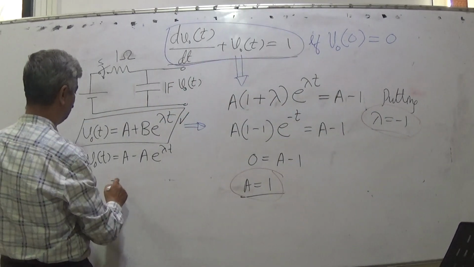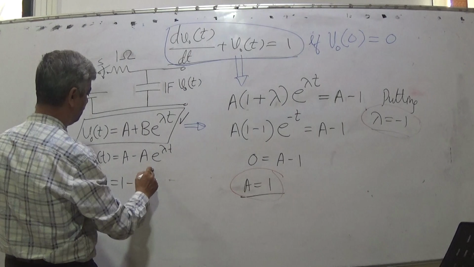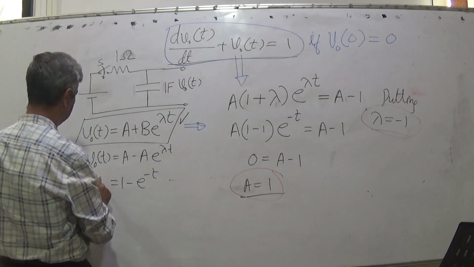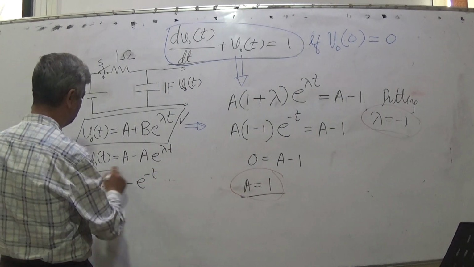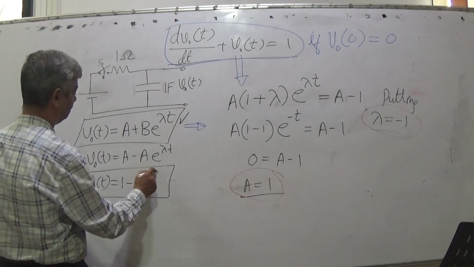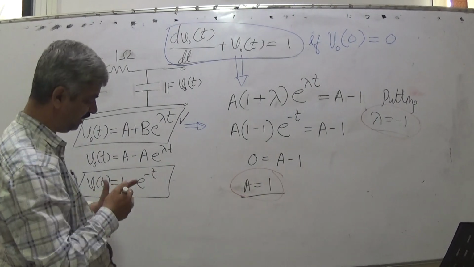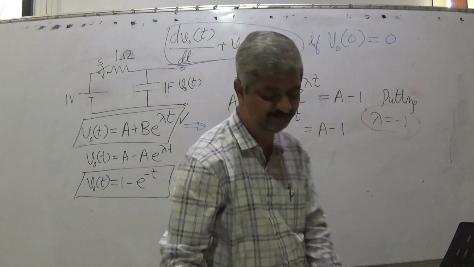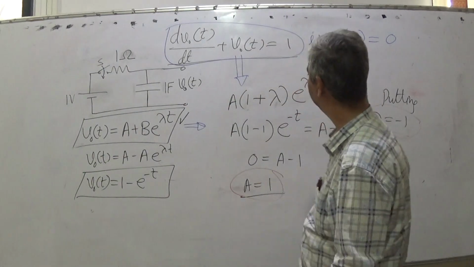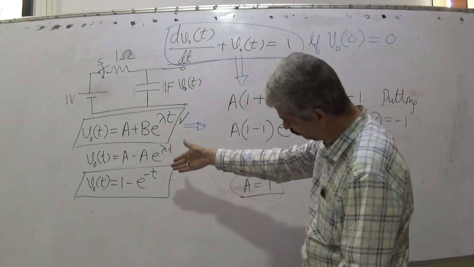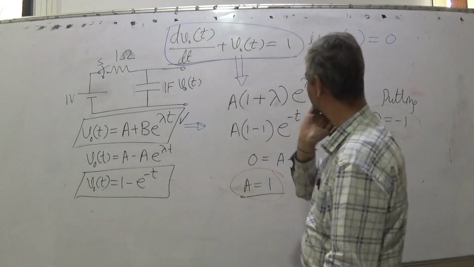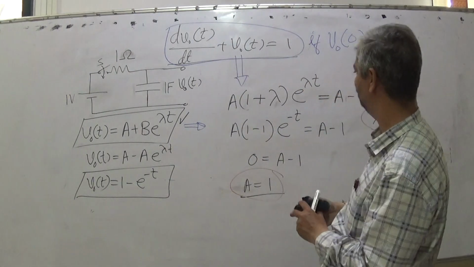V of t is equal to 1 minus e raised to minus t, that is the answer. And you can re-verify the solution by putting it into the differential equation. So this is the way with which we work.